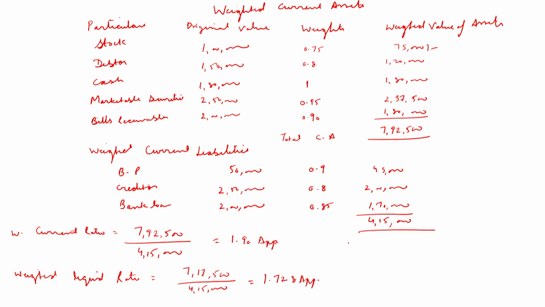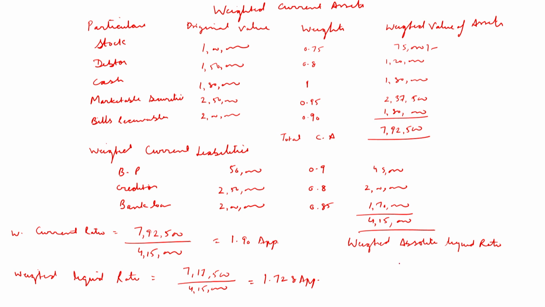And the third one is the weighted absolute liquid ratio, in which we just consider the cash and the marketable securities as the most liquid assets.